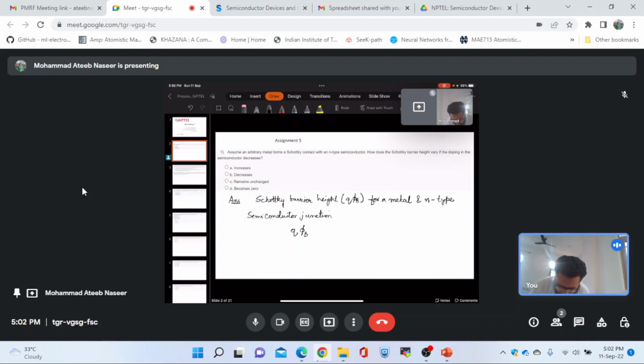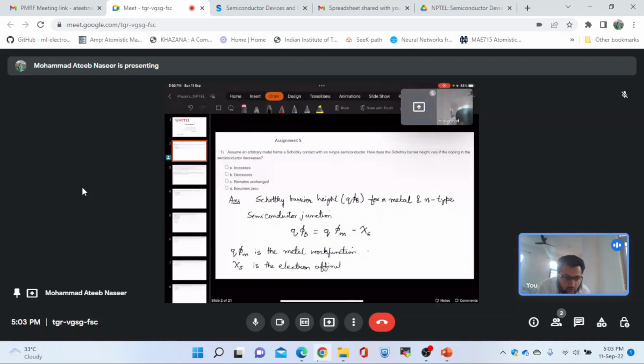It will simply be given by the subtraction of the electron affinity from the metal work function. Here q phi m is the metal work function, and chi s is the electron affinity of the semiconductor.